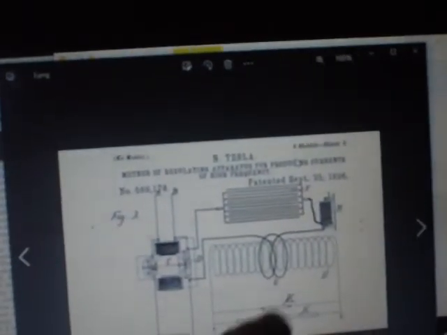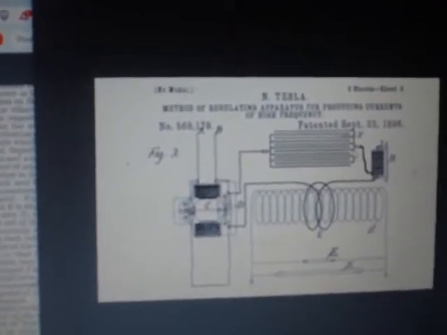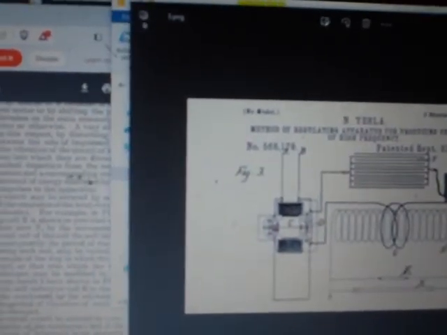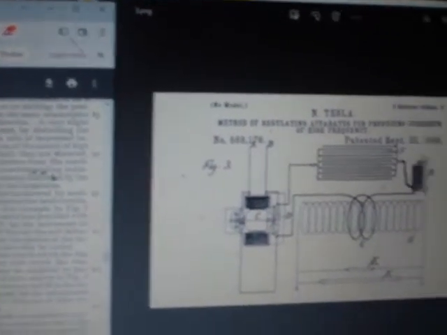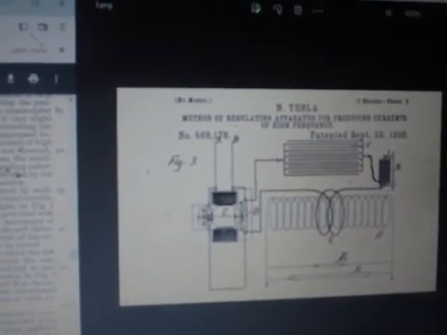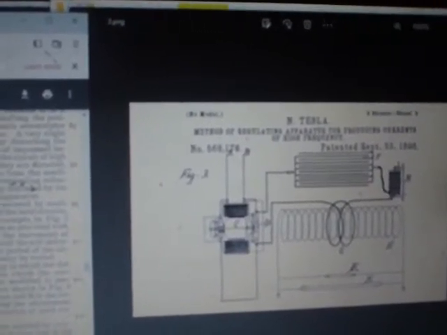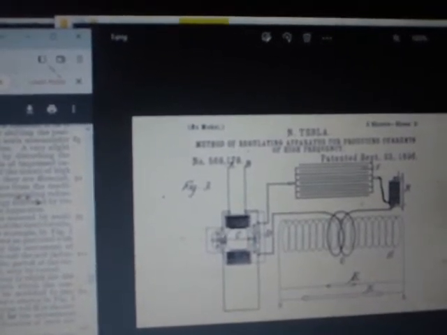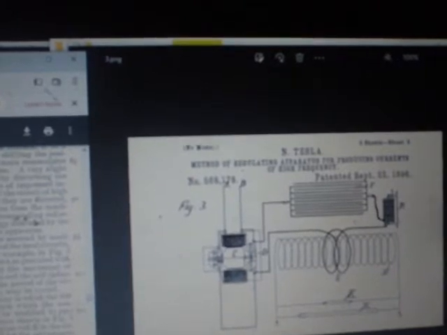And if we go over to figure 3, there we see this another induction device which will indeed regulate the period of discharge of the condenser here. Okay, furthermore, an adjustable self-induction coil R in the circuit with the condenser, by the adjustment of which the period or vibration of such circuit may be changed.